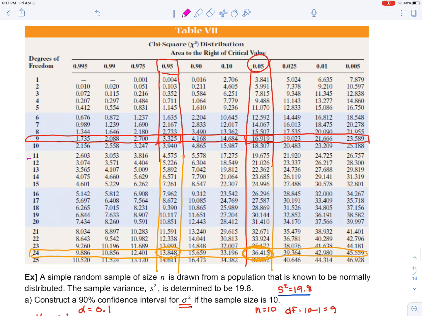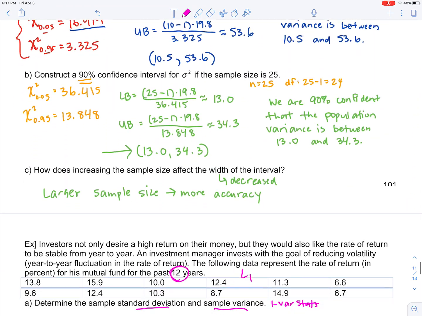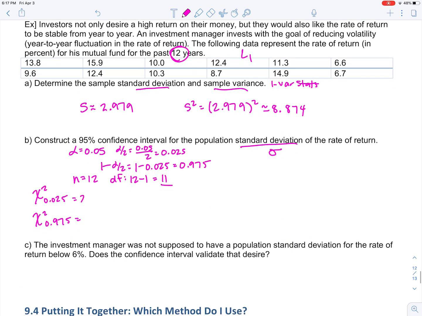So let's go back up to the table. So I'm going to scroll up. 11 degrees of freedom is right here in the table. So this is the row we'll use. The first subscript was 0.025, which is right here. So my first chi-square value is 21.920. So let's write that down because I'm going to forget. 21.920.